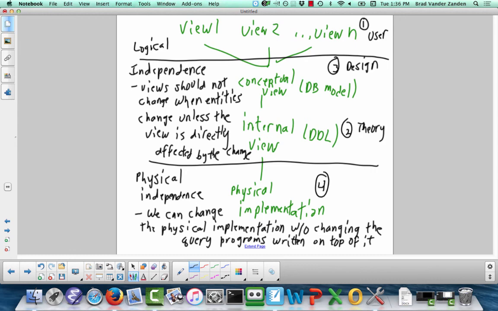And then the last thing we talk about is how these things are stored. That's where we get into things like indices, B+ trees, and extendable hashing. These all have to do with how files are physically stored on the disk.